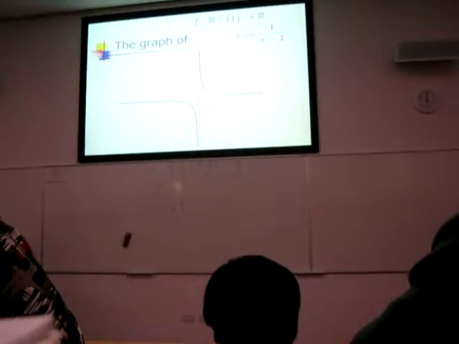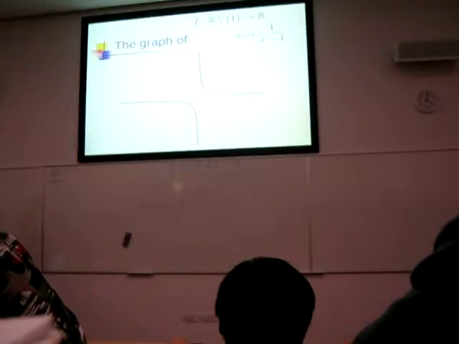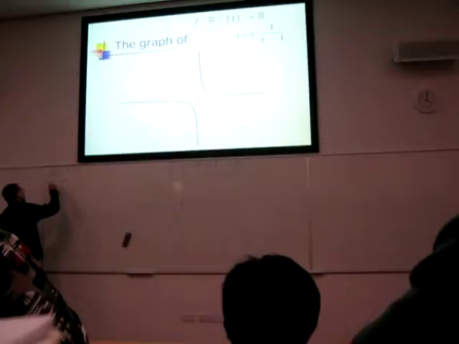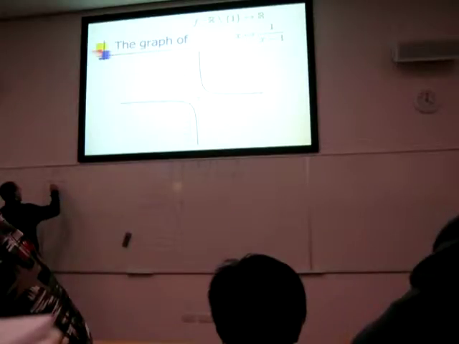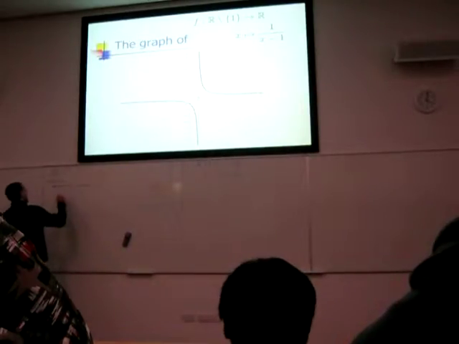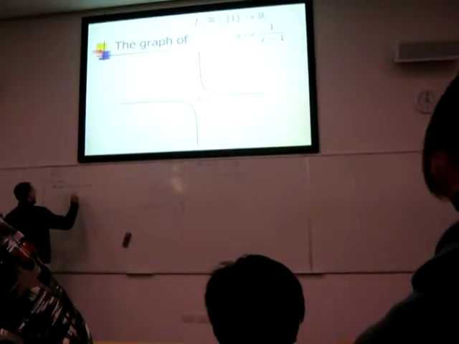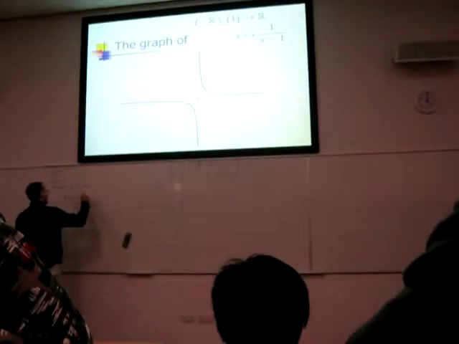We're talking about discontinuous and continuous functions, and before that we were talking about monotone functions, strictly increasing or decreasing. So increasing functions are such that if x1 is less or equal to x2, then f of x1 is less or equal to f of x2.